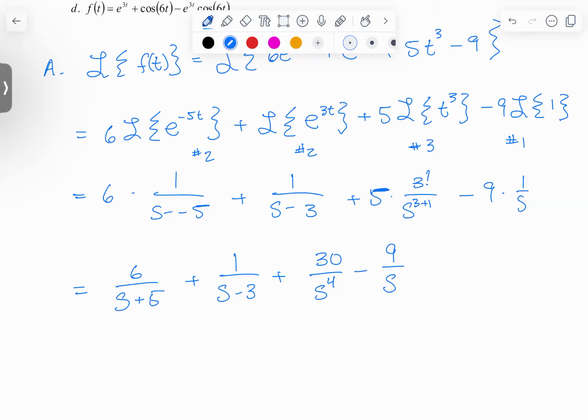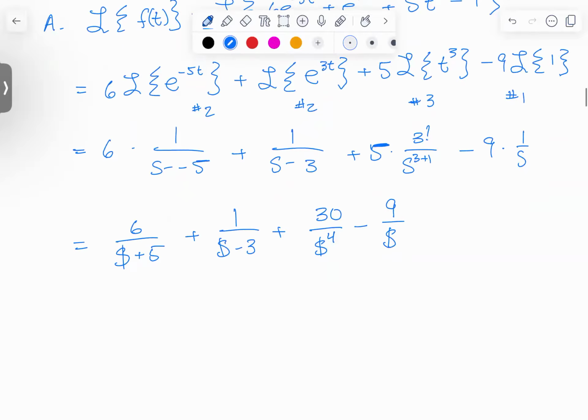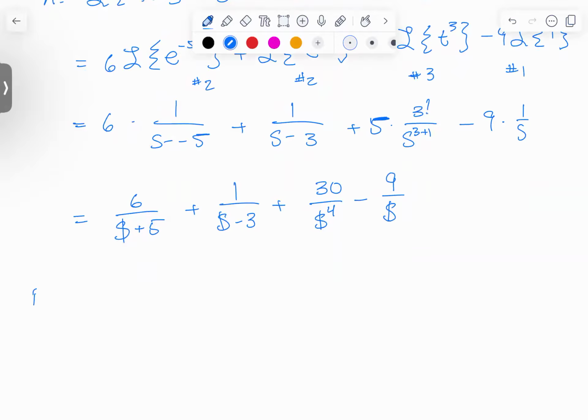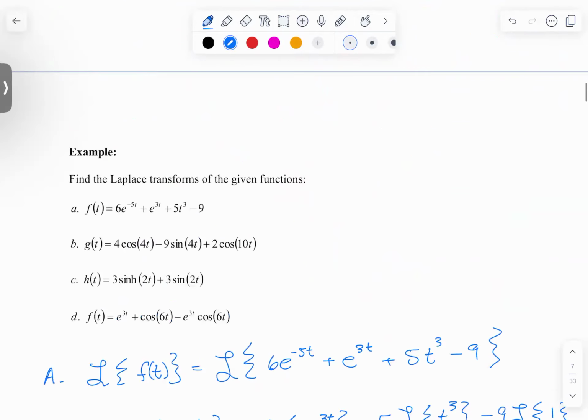As a note, sometimes I see people convert these to dollar signs too, whatever is helpful to you, as long as you identify it is a different variable. And that's basically that. Let's do some more.